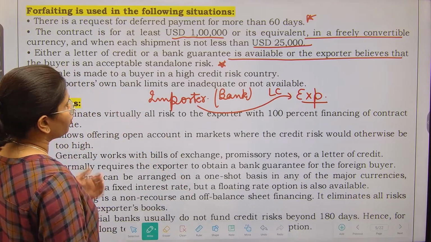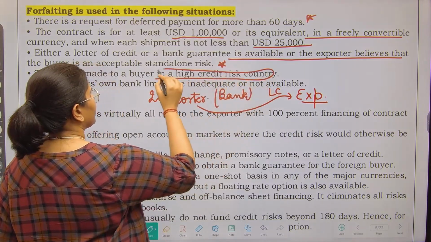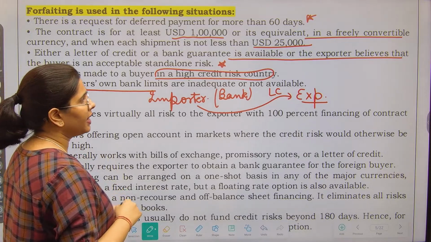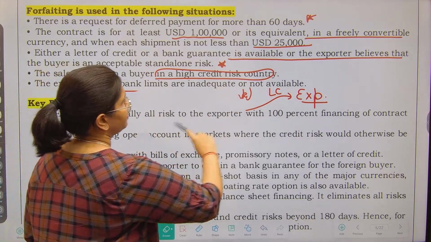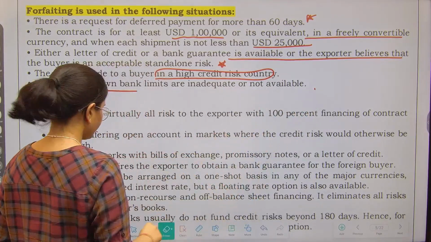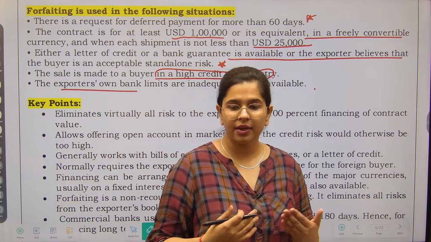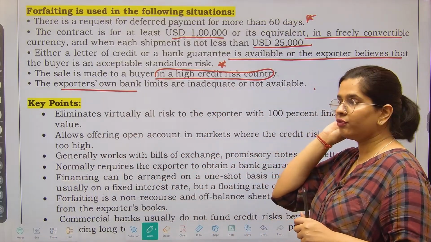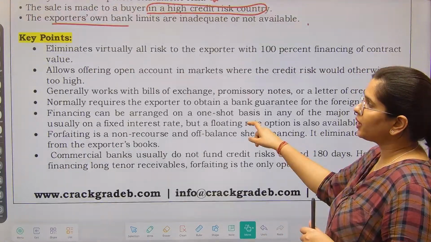So the sale is made to a buyer in a high credit risk country. The exporter's own bank limits are inadequate or not available. So the exporter's bank is not providing the facilities. In such a situation, he will go for forfeiting through financial institutions. Now what are the key points over here?